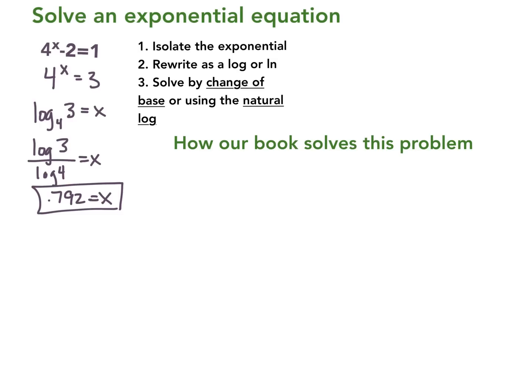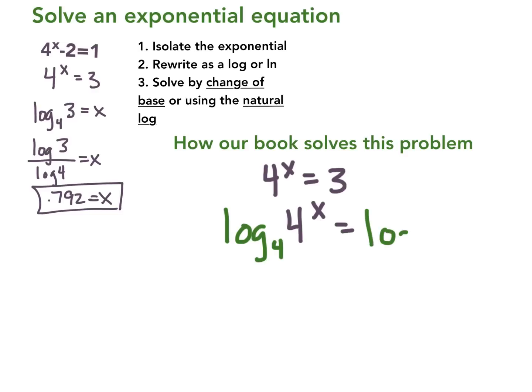Now if you're going to use the book, I think it's a good idea to just show you how our book solves this problem. The very first step is the same. They would isolate the exponent, and then they would take the log of both sides. And the way that they would do this is just to introduce this log base 4 on both sides equals the log base 4 of 3.